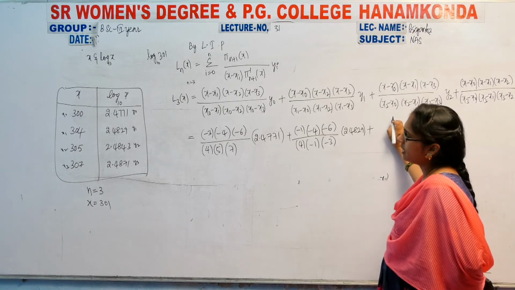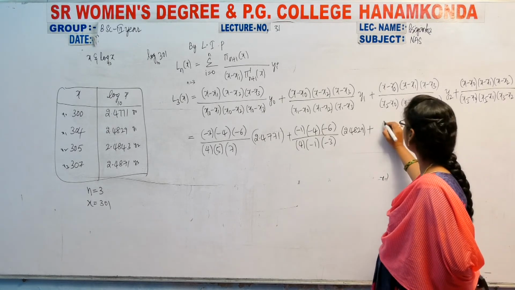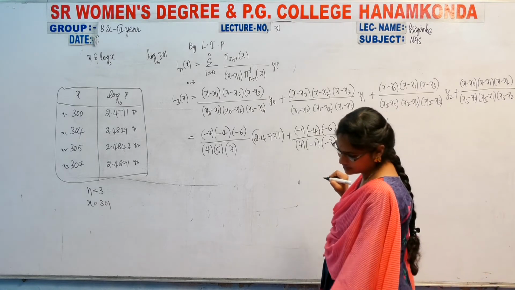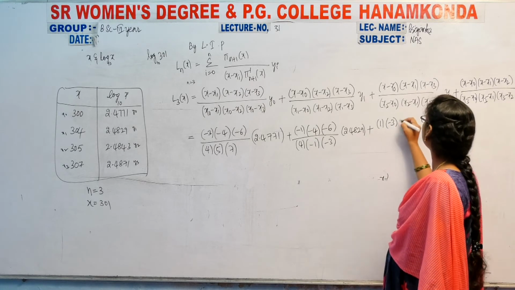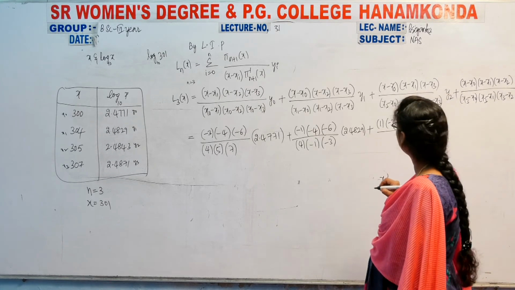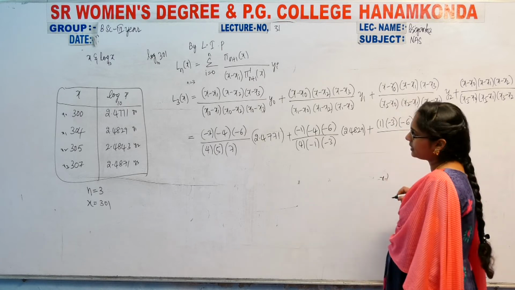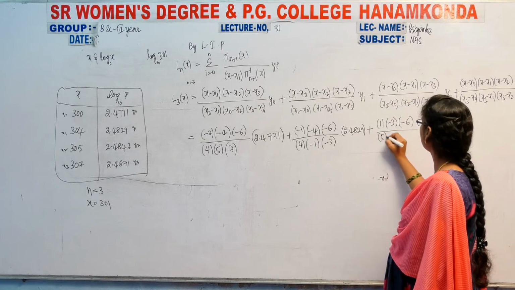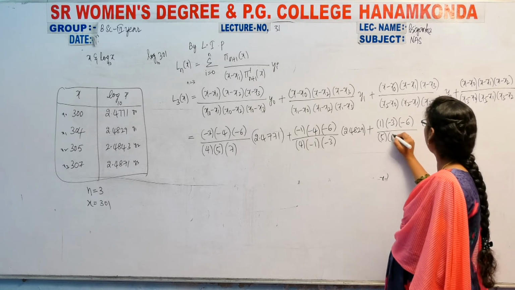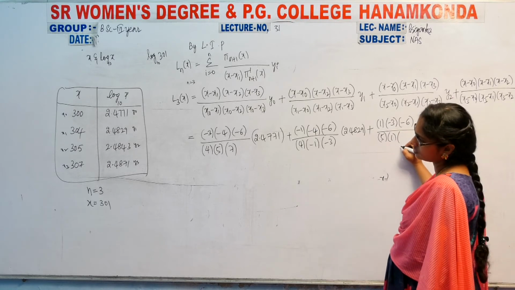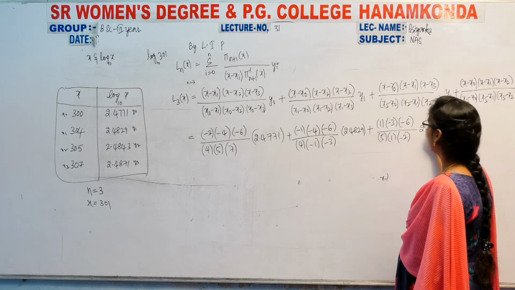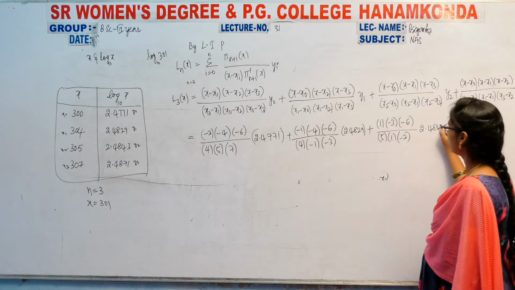One, x is 301, 1 into, directly actually here I have the values, x2, that is 305 minus 300, 5, into 1, into x2 minus x3, minus 2, into 2.4843.